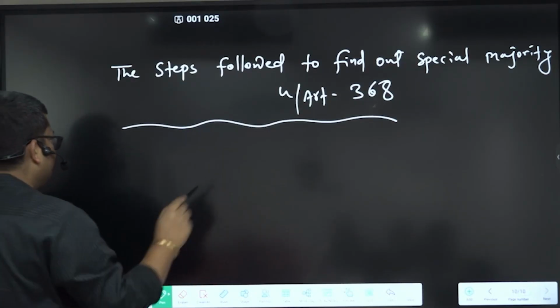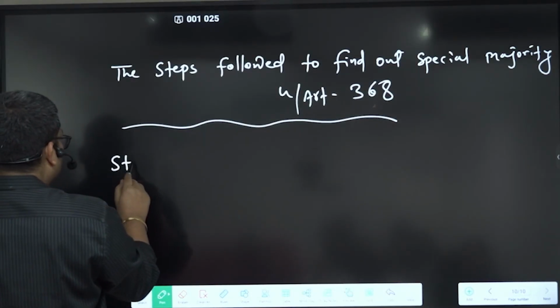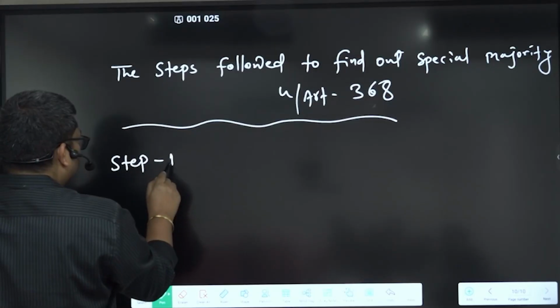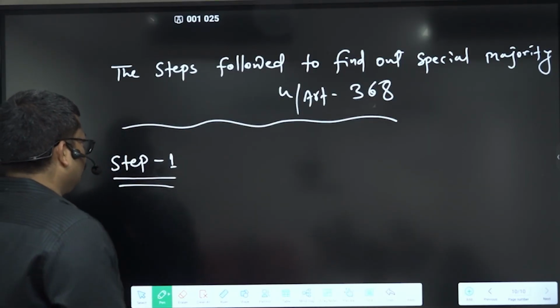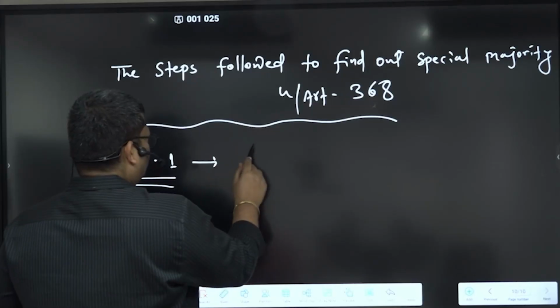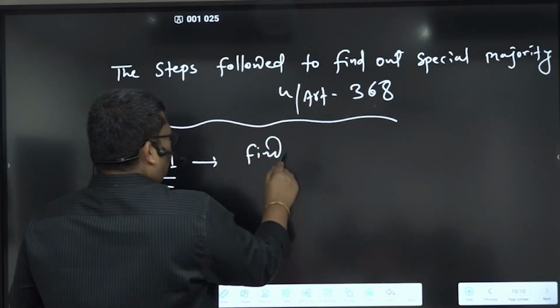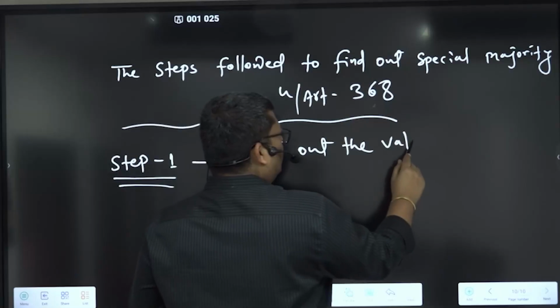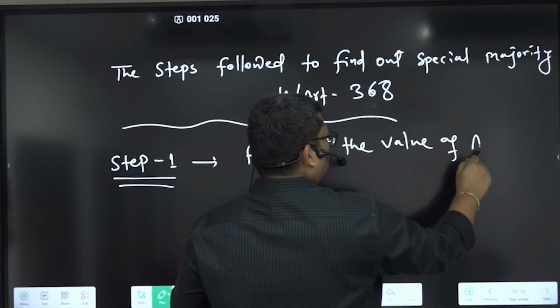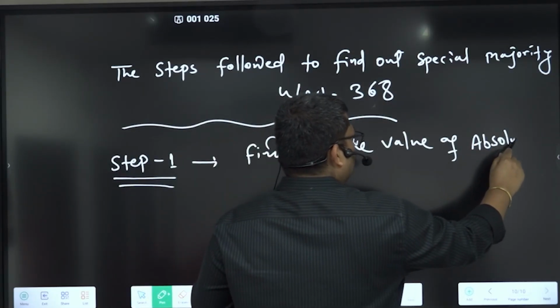First step. Step 1: Find out the value of what? Absolute majority.